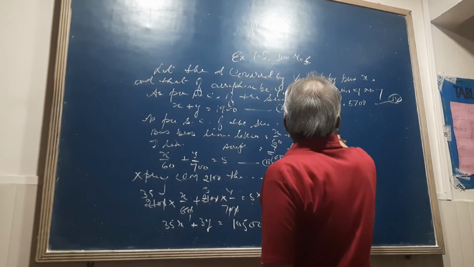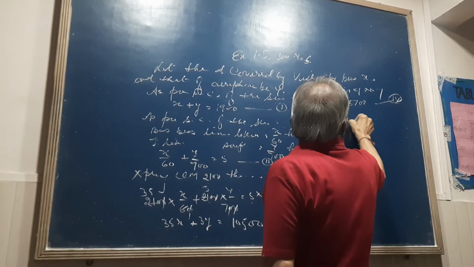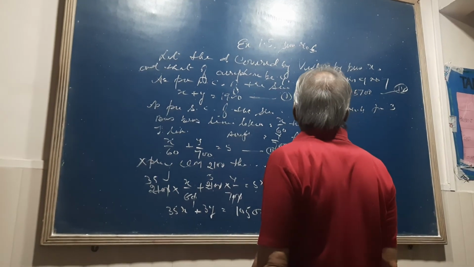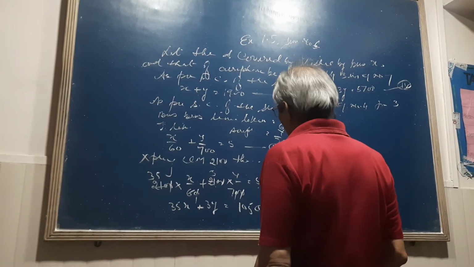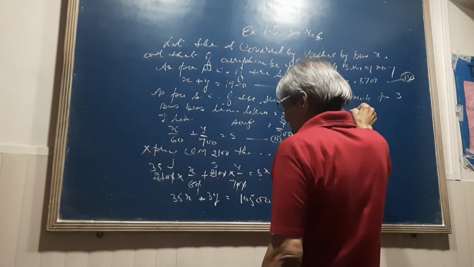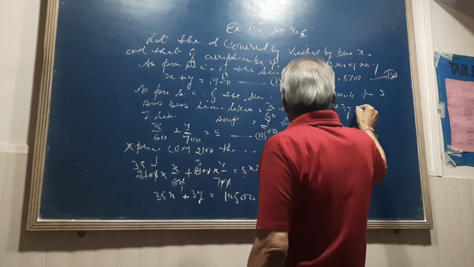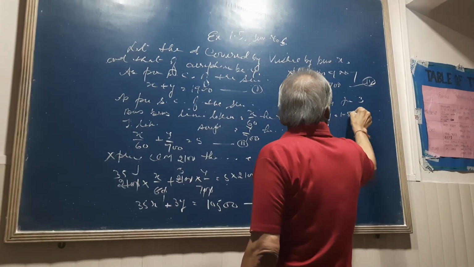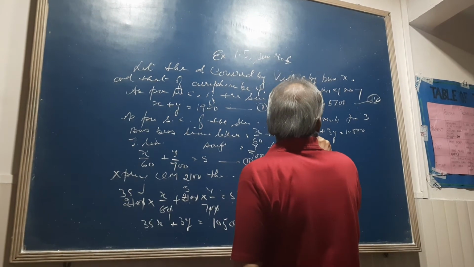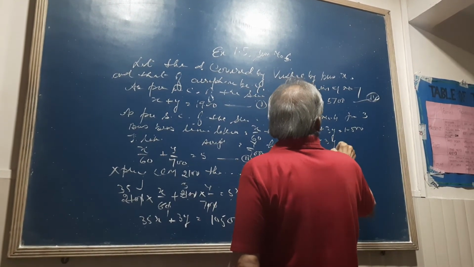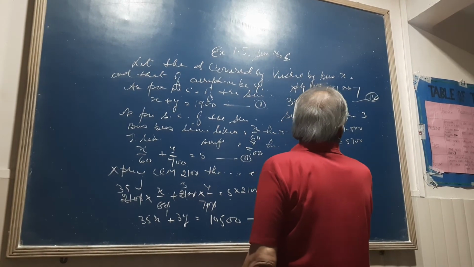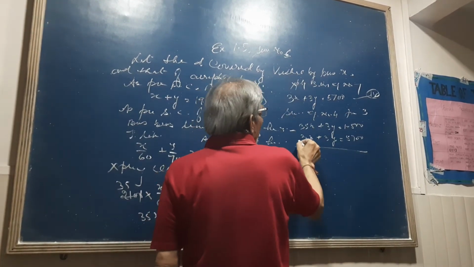So subtracting equation number 4 from 3. So equation 3 is 35X plus 3Y is equal to 10,500 and equation 4 is 3X plus 3Y is equal to 5,700. Subtracting, so signs will change.